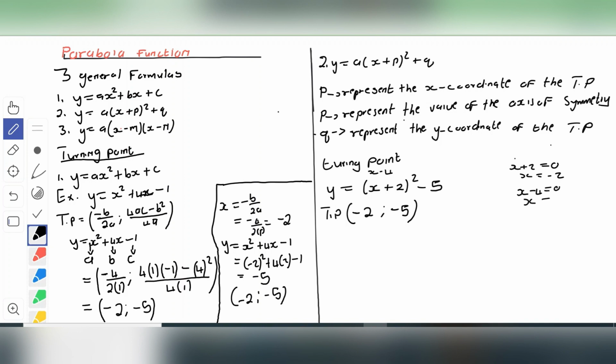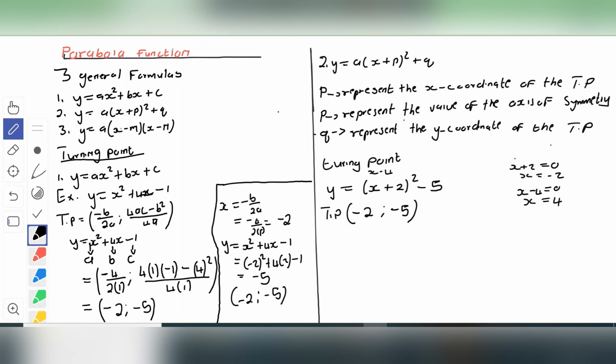Therefore our x is going to be 4, right? You see it? So whenever you have x plus 2 and they want you to write down the turning points, it's going to change the sign. If it was positive, it is now going to be negative. If it was negative, it's going to be positive.